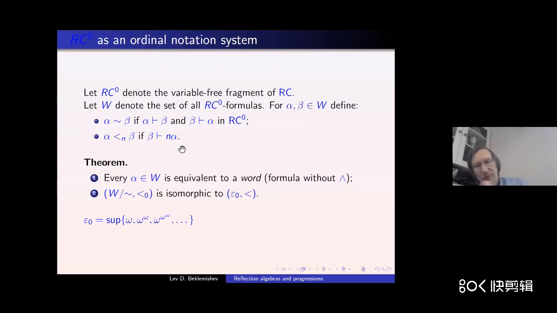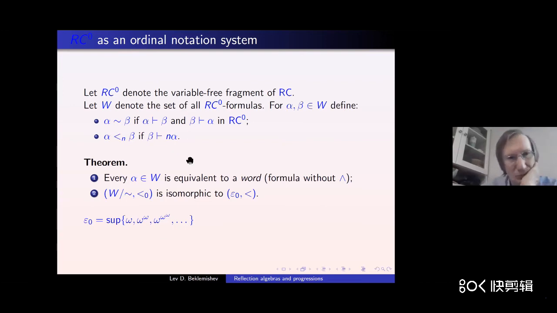So it's a kind of relation between beta and alpha, telling that alpha and beta are not close, so they are sort of apart. Beta is much stronger than alpha. It turns out that this relation is a transitive ordering, and what we have is this theorem.